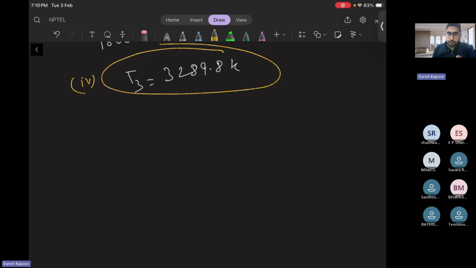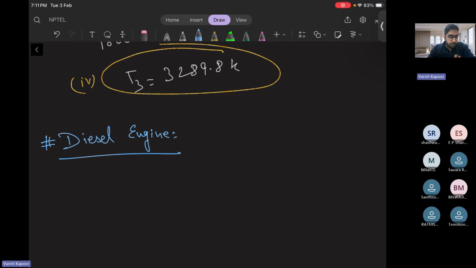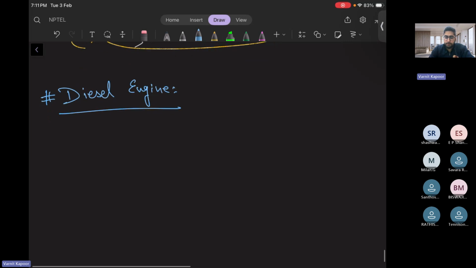Next is the diesel engine. Petrol engine we have covered. So what is the difference between a diesel engine and a petrol engine? First of all, in shape, the diesel engine will be a bit bigger in size compared to a petrol engine.